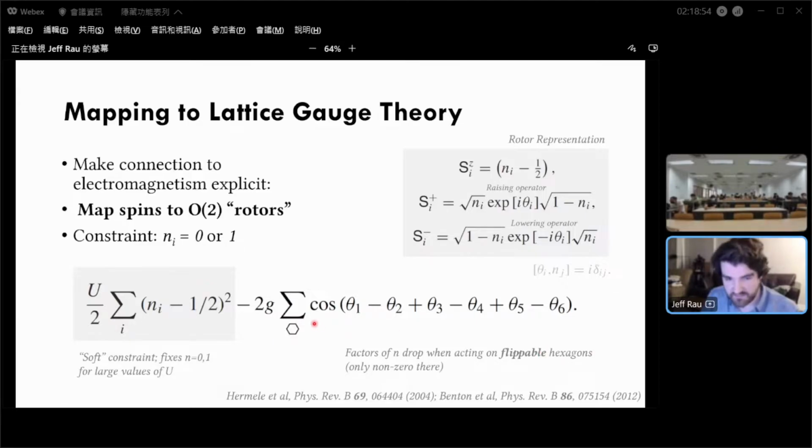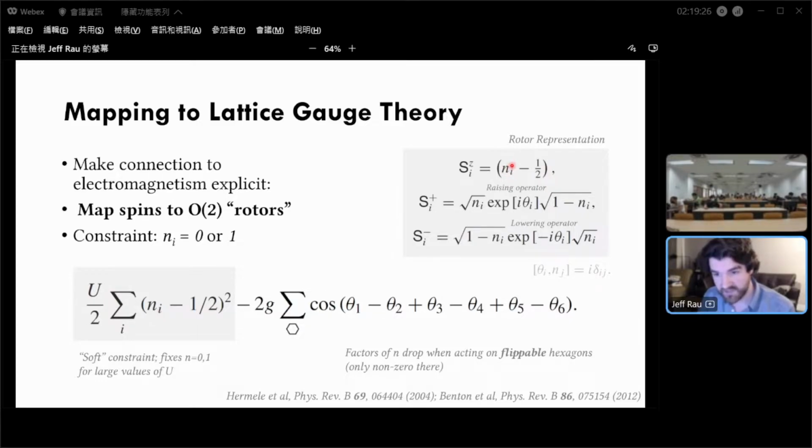So that 6-site hexagon flip term gets mapped to something relatively simple in terms of these rotors. Basically, you just have a cosine of an alternating sum of these phase variables as you go around the hexagon. Then, to force this rotor charge n to take only the physical values, so that Sz is only plus or minus a half, we want to force n to be only 0 or 1. If you put 0 in here, you get minus a half.